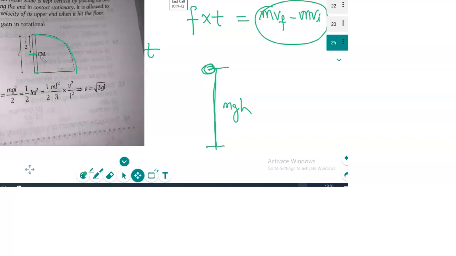So you take mg times L divided by 2, and then it converts into rotational kinetic energy, half I omega squared. Okay, now I understand, because I didn't know why they divide by 2. But you should see where the whole mass is lying. Is it clear? Okay.